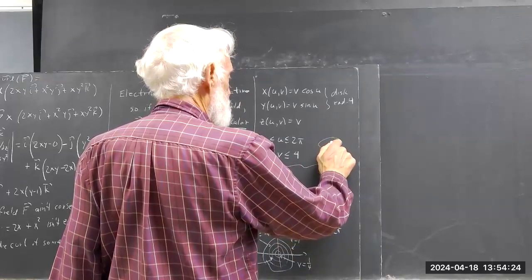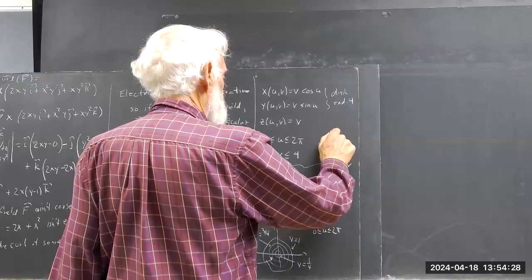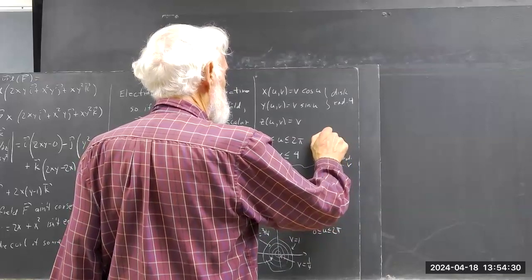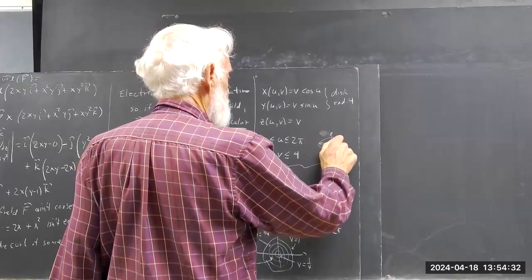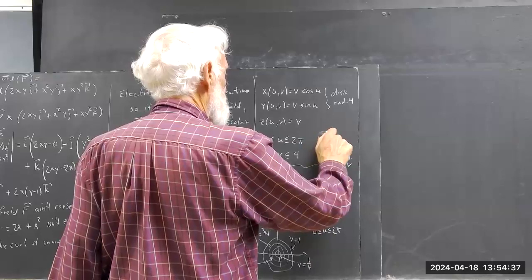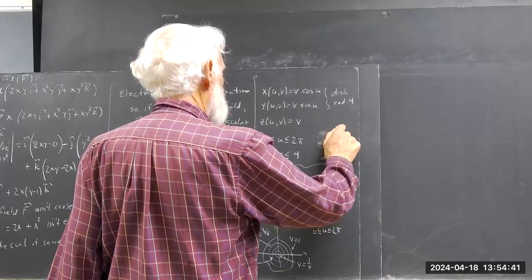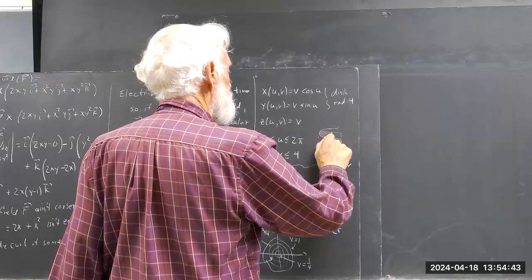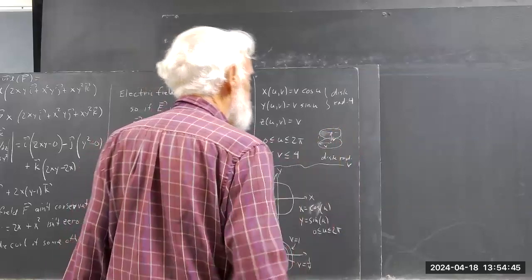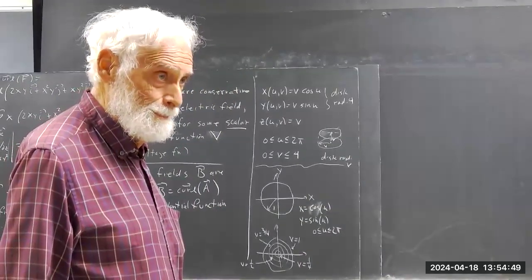So let's see, this dimension here is b. So we come up b units in the z direction, which gives us a circle up here. Now that's starting to make you think of the cylinder, but we don't have a cylinder.